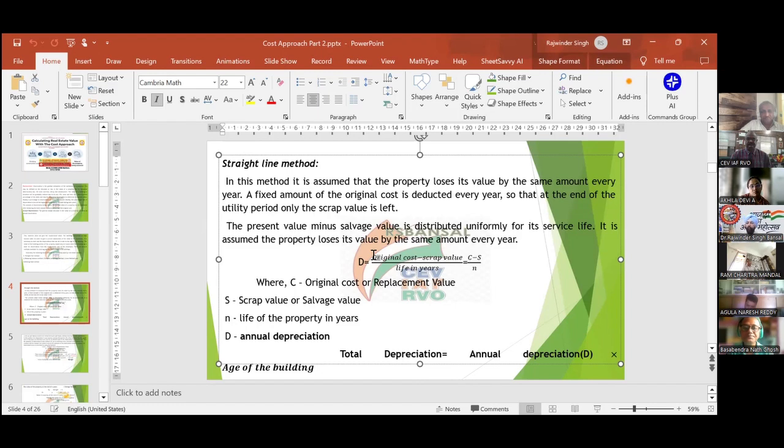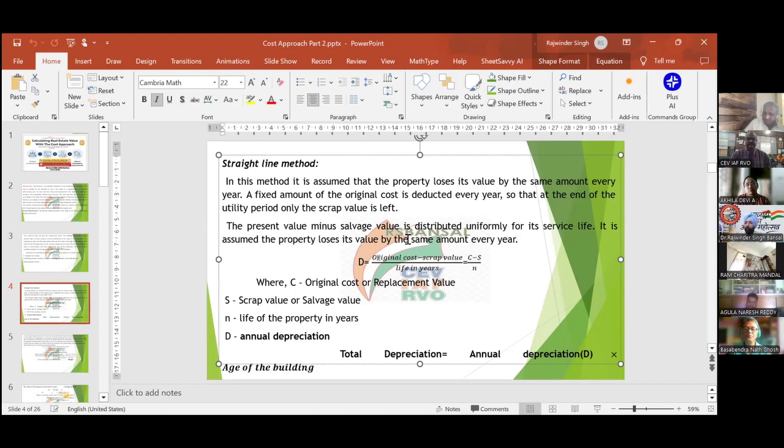And then what will be the depreciation per year? Let us suppose original cost as 100% and salvage value as 10%. So total depreciation will be 100 minus 10, 90%.